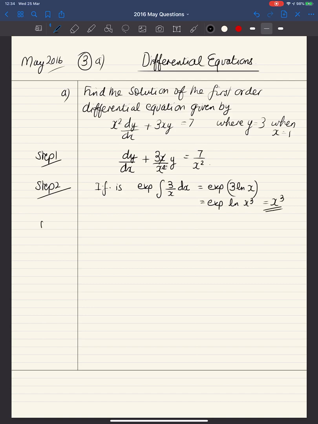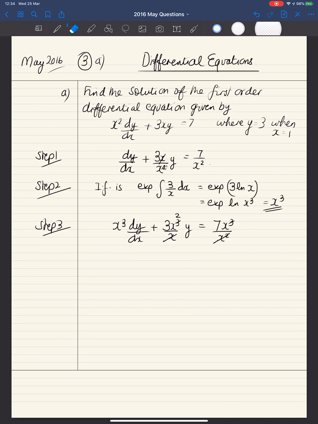And then step 3, multiply through by the x cubed. x cubed dy by dx plus 3 x cubed over x times y equals 7 x cubed over x squared. So that cancels with one of those to make a 2. That cancels with one of those to make a 1, which we don't need to write down.